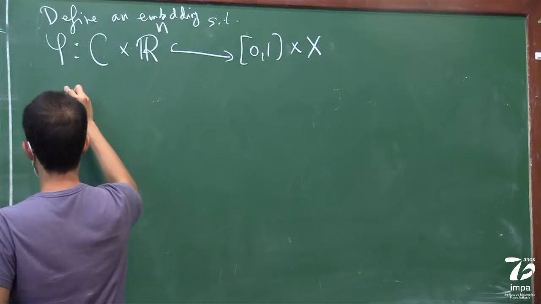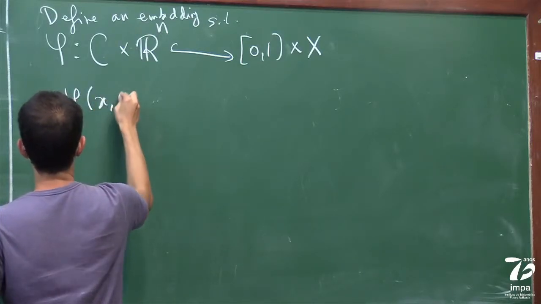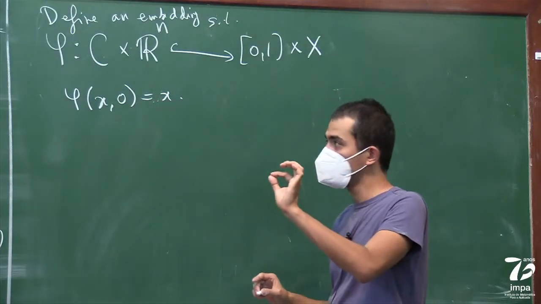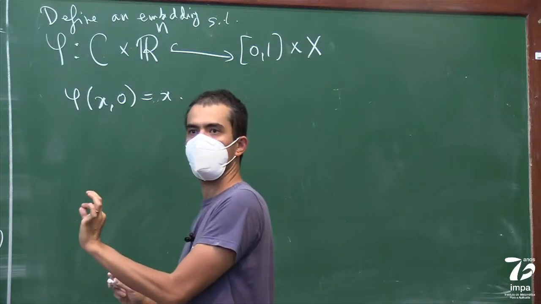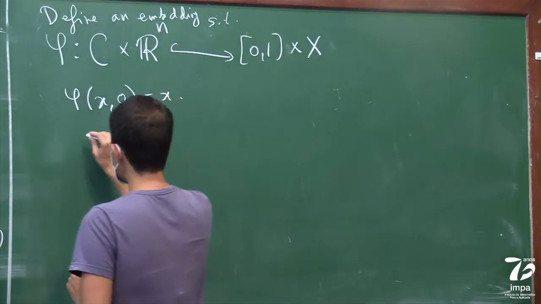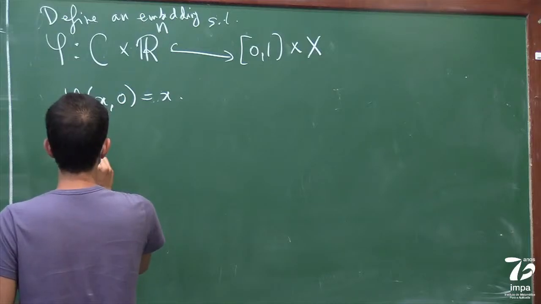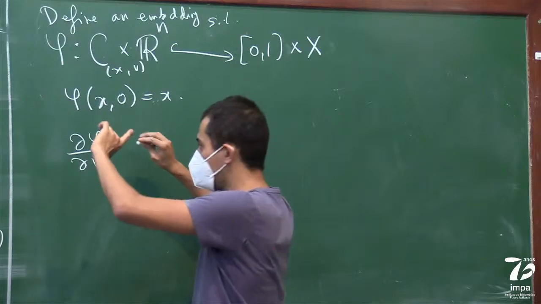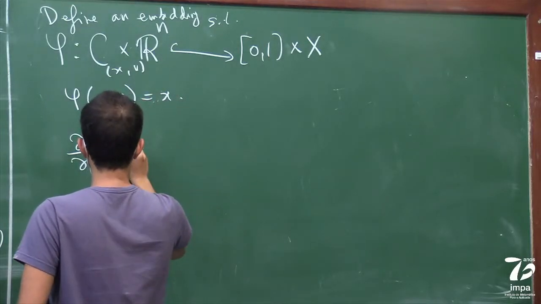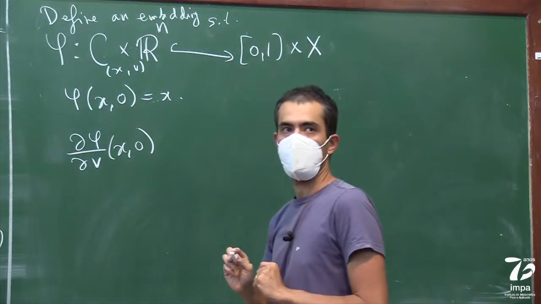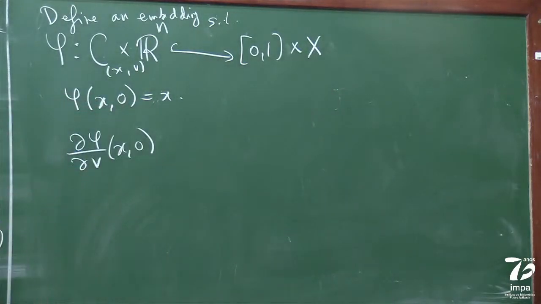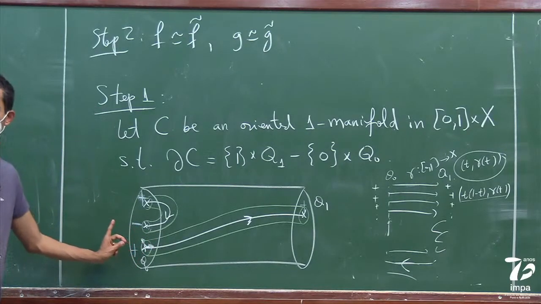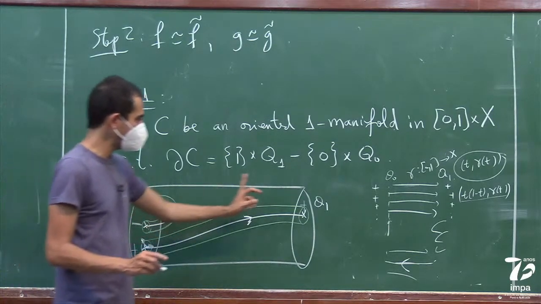We want, of course, phi of (x, 0) to be equal to x. So we take the core of the curve to itself. But then we want d phi in the direction v, say this is x and v. So when I look at the derivative in the direction v at (x, 0), if I'm on here, I want this to be a specified basis that I choose here, and then a specified basis that I choose there.